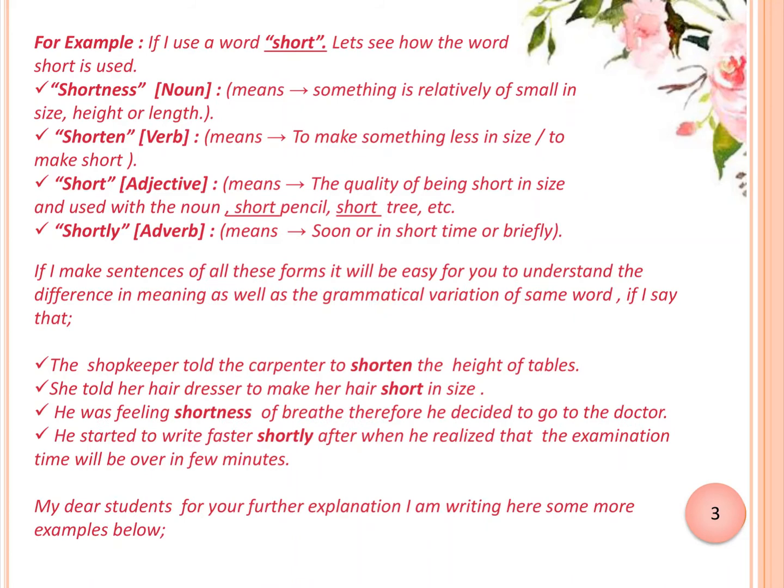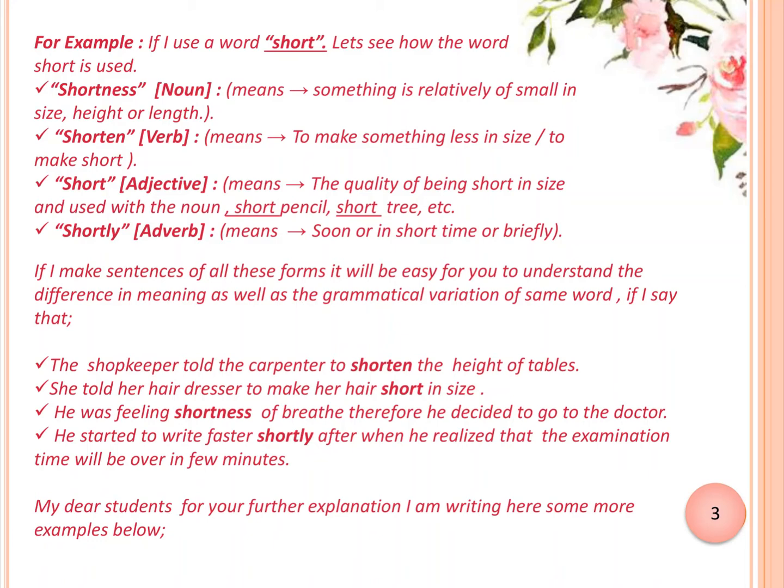As when the form of a word is changed, the meaning of that word changes too. For example, if I use the word short, let's see how the word short is used. Shortness, that is a noun, means something is relatively small in size, height or length. Shorten, that is a verb, means to make something less in size or to make short.